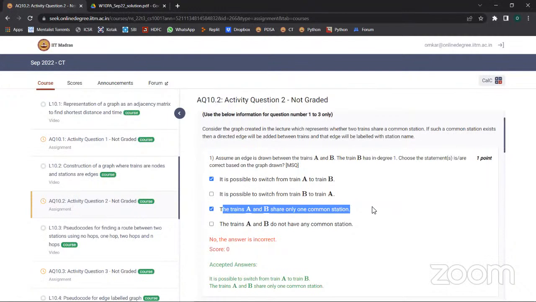Sir, but if there is another edge from B to A, then there is another common station for B and A, sir. Okay, but then there will be an edge from A to B also, right? See how our trains are. Trains, they run in parallel, right?